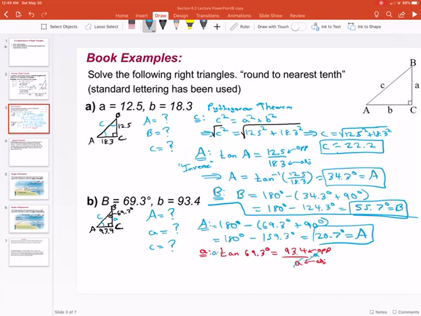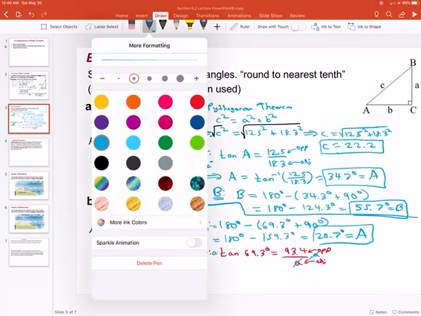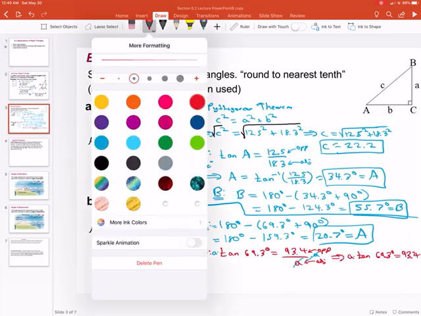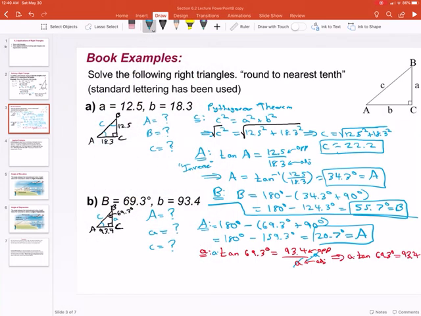Since A is in the denominator, I would clear out the fraction and multiply both sides by A. That gives me A times the tangent of 69.3 degrees equal to 93.4. Then all I have to do is divide out my coefficient, dividing both sides by the tangent of 69.3 degrees, and I have my answer.